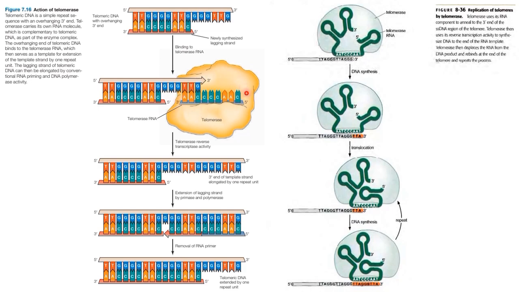It contains the complementary sequence which can bind to the 3' overhang of the telomere. So as it binds, the telomerase will synthesize a DNA sequence which is complementary to this RNA template, thus extending the overall length of the 3' overhang.